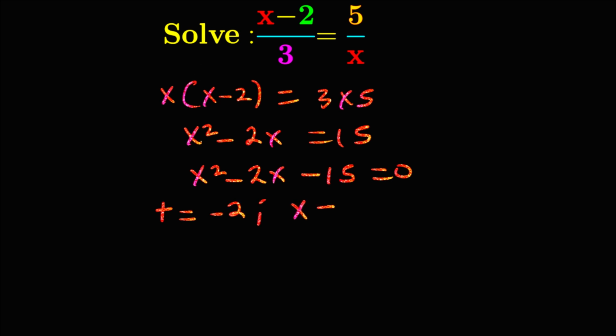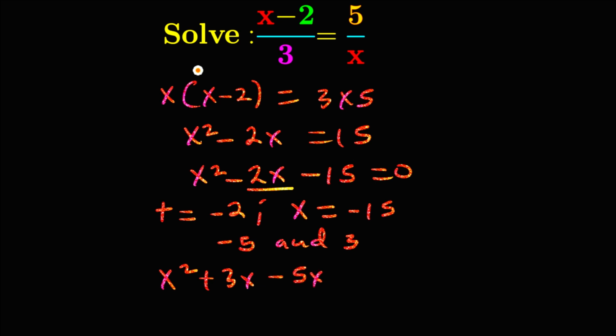And the product should be the same as 1 times negative 15, which is just negative 15. So you'll find that those two numbers are negative 5 and positive 3. So we just split b into these two. So we're going to have x squared plus 3x minus 5x minus 15 equals 0.